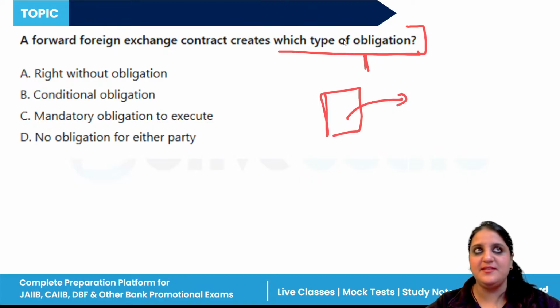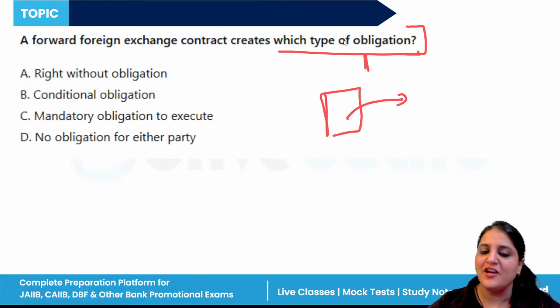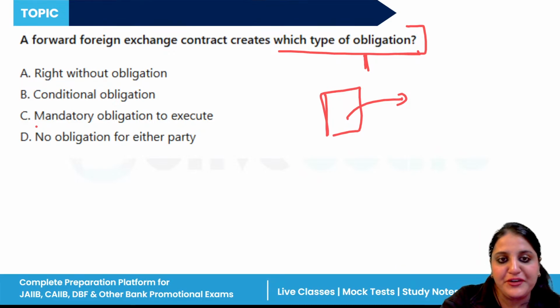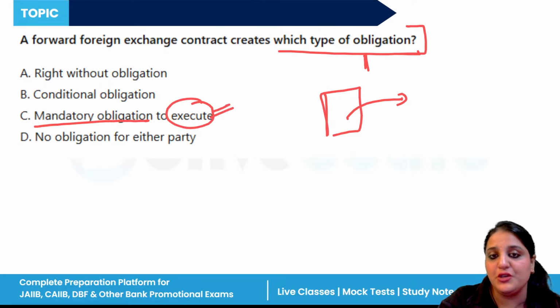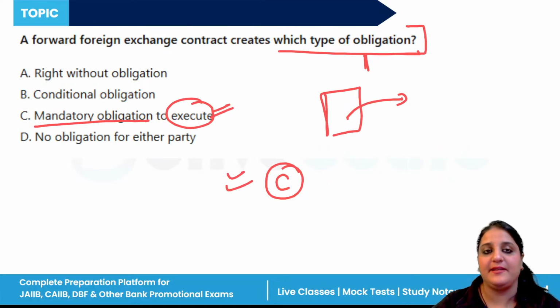Zero risk hedging, you can say that when there is a very neutral position in the market, by using option or futures that completely eliminates the loss from adverse price movements, right? So that is zero risk hedging. Now the thing is, a forward foreign exchange contract creates which type of obligation? So the correct answer is mandatory obligation to execute. Option C is correct here.